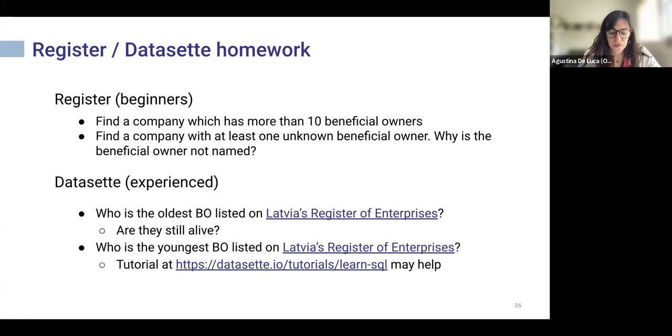And there's lots of discussion about whether underage people could be listed as beneficial owners or not, in which cases, etc. So these are also interesting questions to ask when you're investigating or trying to assess the integrity of a register. So who is the youngest in the Latvia register? And to do this, you might need to combine different statements, as Steve was showing, by doing an SQL query.